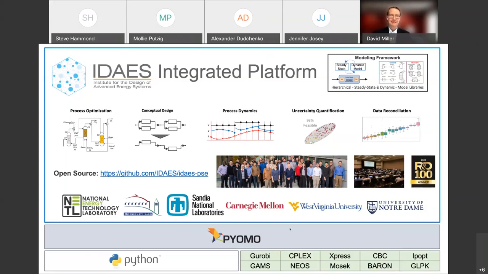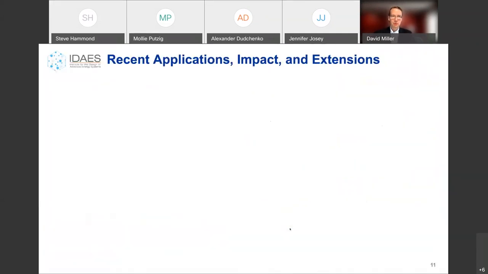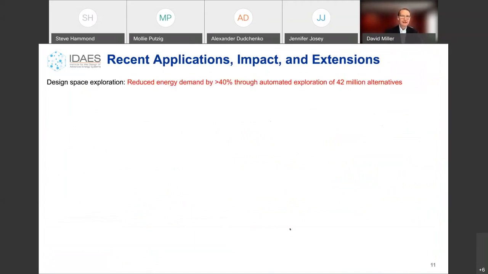And just to provide some examples from outside of the water space of how IDEAS is being used, take a look at some recent applications and impact. For example, in design space exploration for an energy intensive process, it was able to demonstrate that it could reduce energy demand by more than 42% by the automated exploration of over 42 million alternatives.